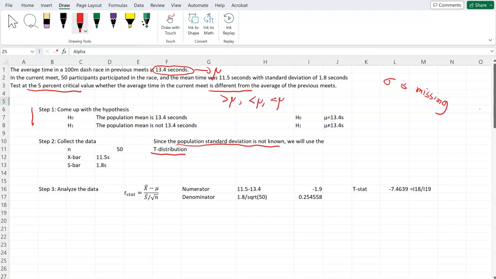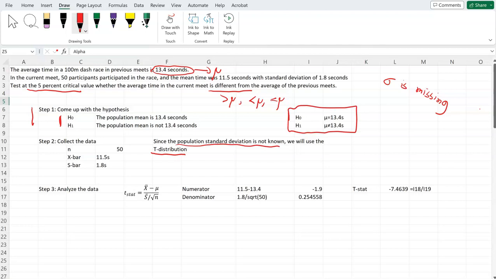We just don't know which one. So this is my hypothesis test. Basically, the null is the population mean has not changed. It is still 13.4 seconds, and the alternate is it is no longer 13.4 seconds. I can also write it this way in a shortened form.